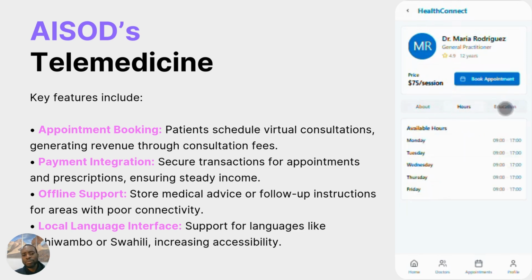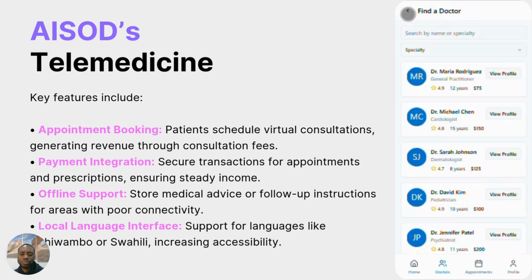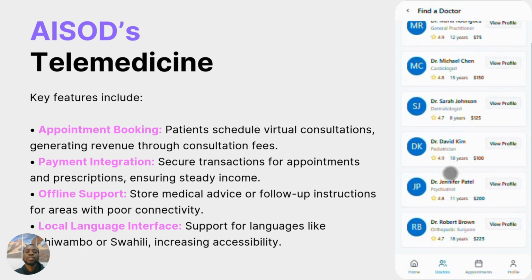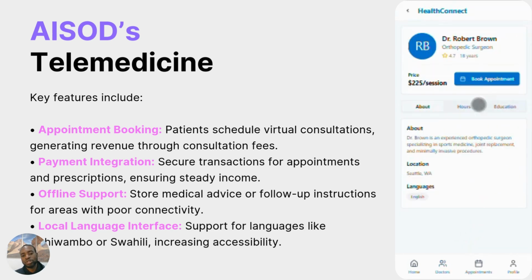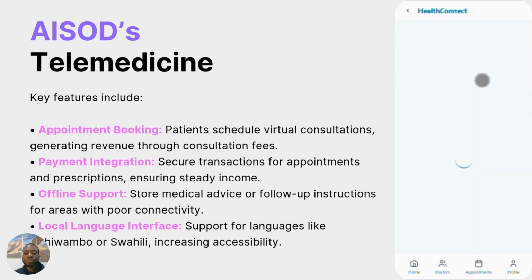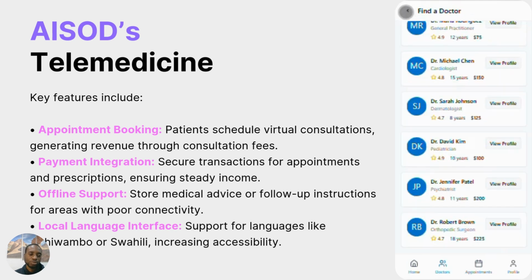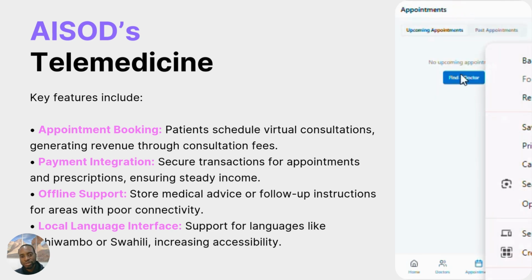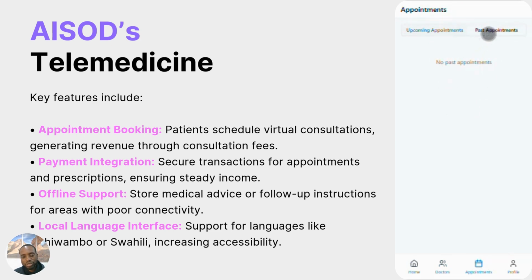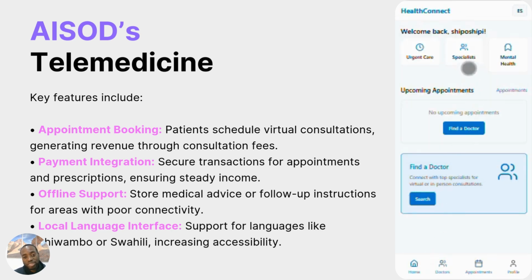So there is the web version, and then there is the mobile version that you can use. Maybe if you're using iOS or Android, you can just use the app and book, do the same thing that you can do on the computer. Because some people, you're at work, you may book from your computer, but if you're not at work, or maybe you don't have a computer, you can just use your phone.